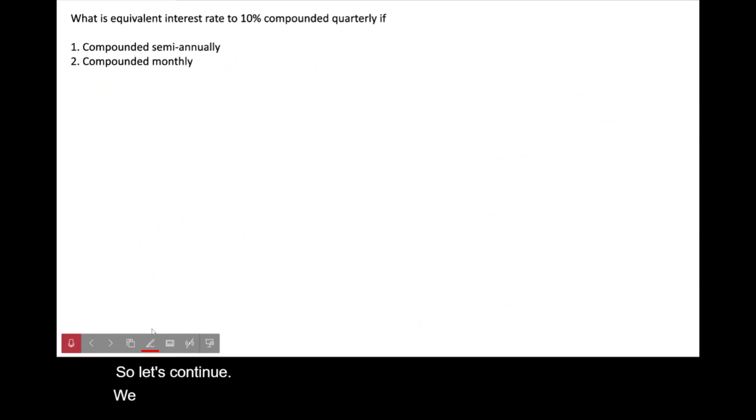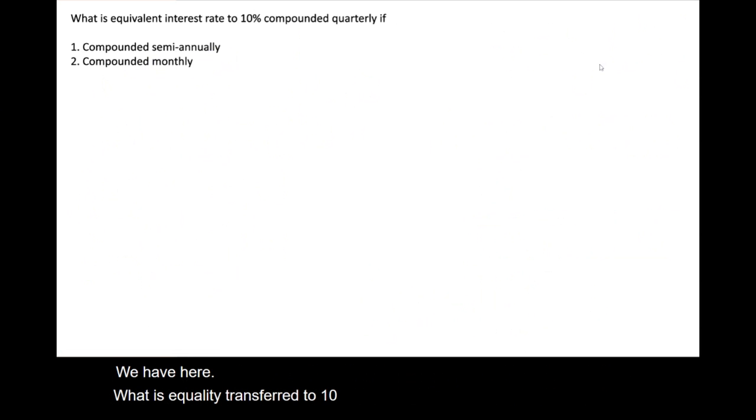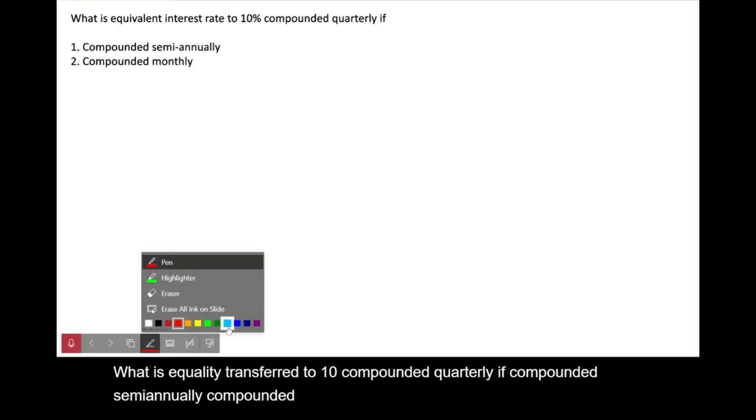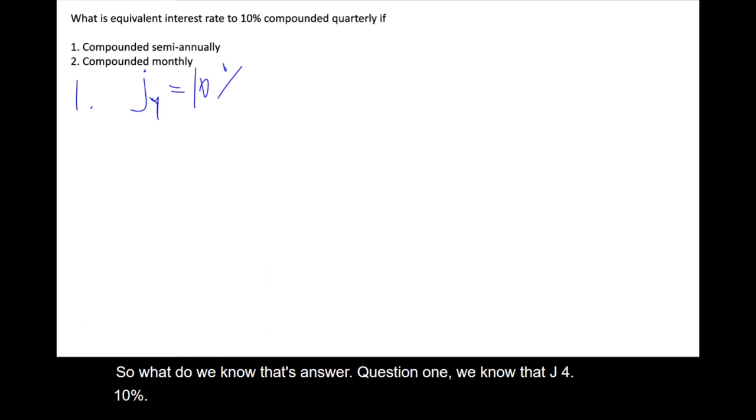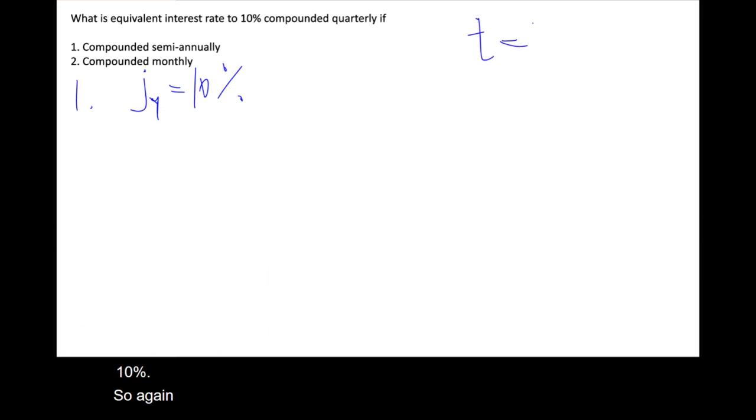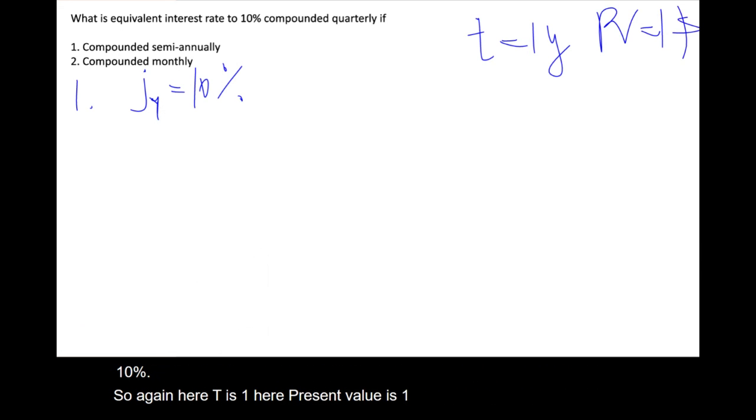We have here, what is the equivalent interest rate to 10% compounded quarterly if compounded semi-annually, compounded monthly? So what do we know? Let's answer question 1. We know that J4 is 10%. So again here, t is 1 year, present value is $1.